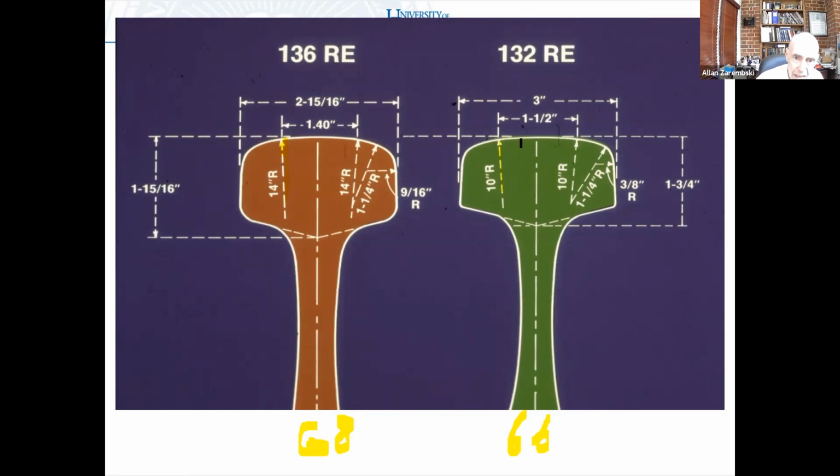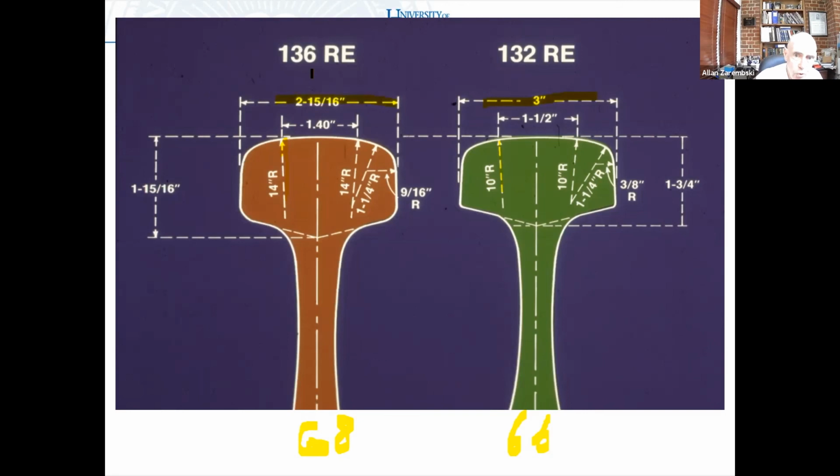This has a smaller radius. And what we've been learning and what we've been seeing is there's been a trend to going to a smaller radius. So 10 inches is what, 250 millimeters? So you've got a 250 millimeter radius here as opposed to a 350 millimeter radius here. Notice the width is wider for the 132 versus 136.